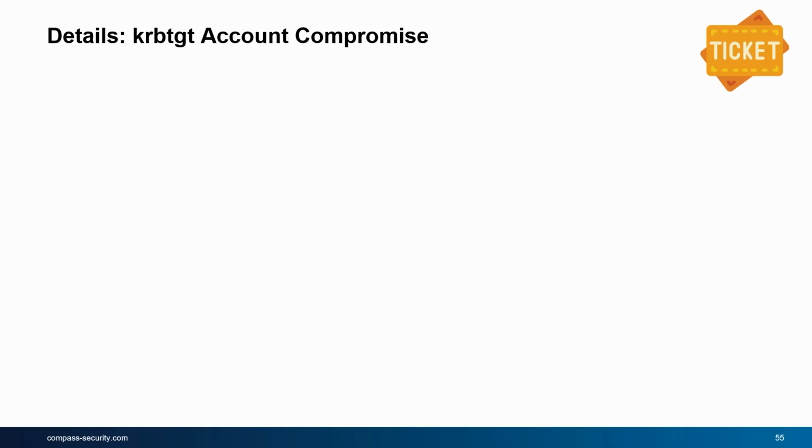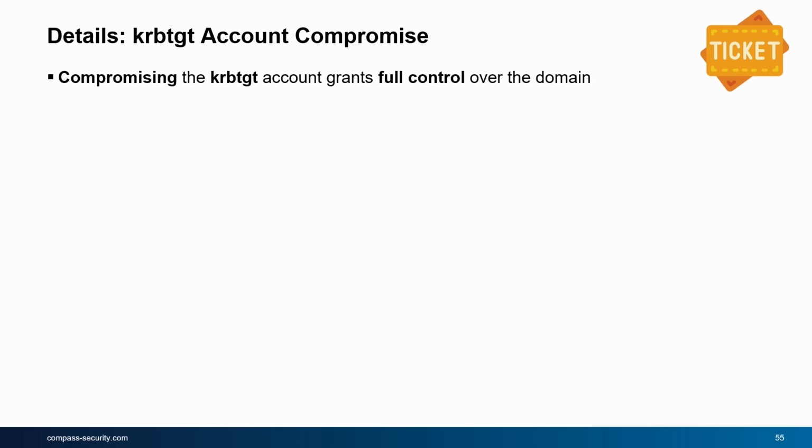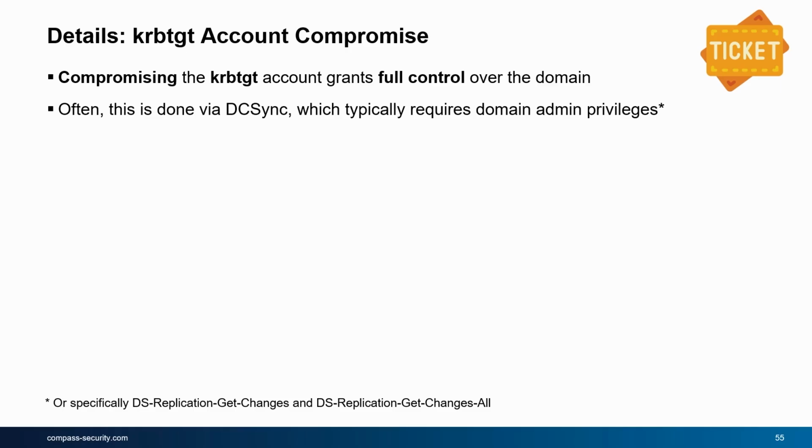Now, you might ask yourself, what happens if this account is eventually compromised by an attacker? Essentially, this grants full control over the whole domain. Such an attack requires already high privileges within the domain, since you need to somehow get access to the key material of this account, which is only held on the domain controllers.